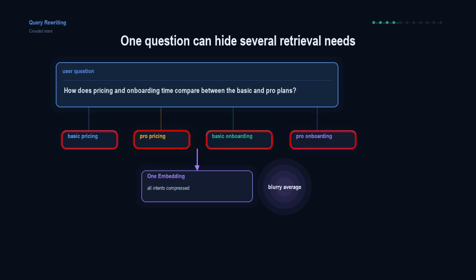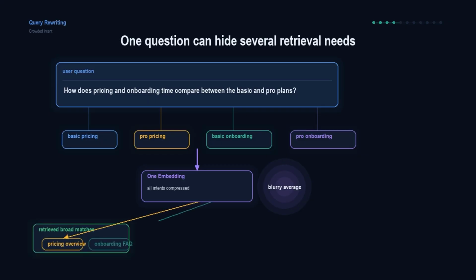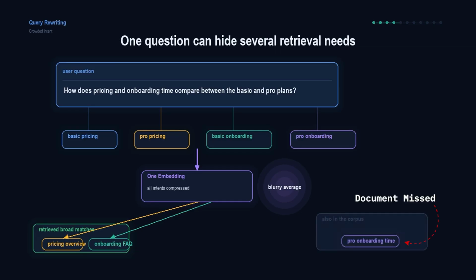So you might retrieve a chunk that's vaguely about pricing or vaguely about onboarding and miss the one document that precisely answers pro plan onboarding time, because that specific idea never got to speak clearly on its own. That's the gap query rewriting exists to close. It's not about bad wording, it's about missing context and crowded intent.